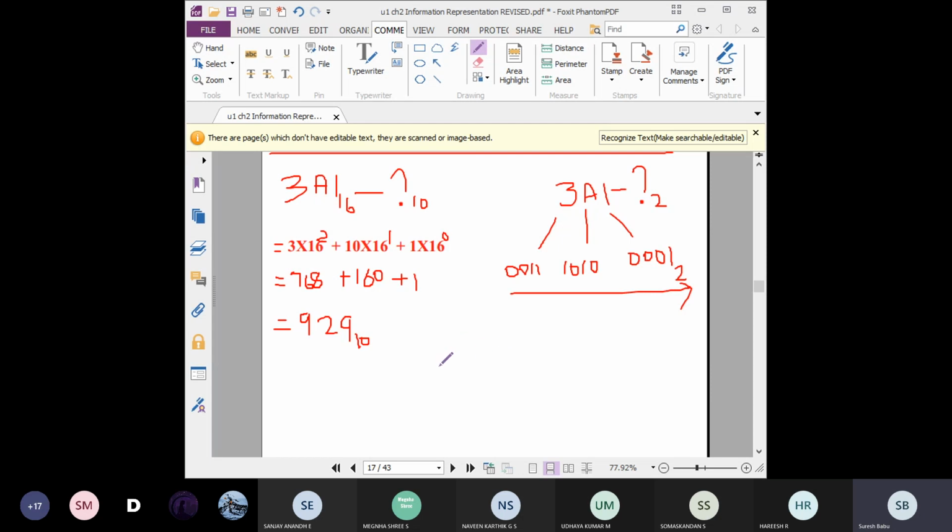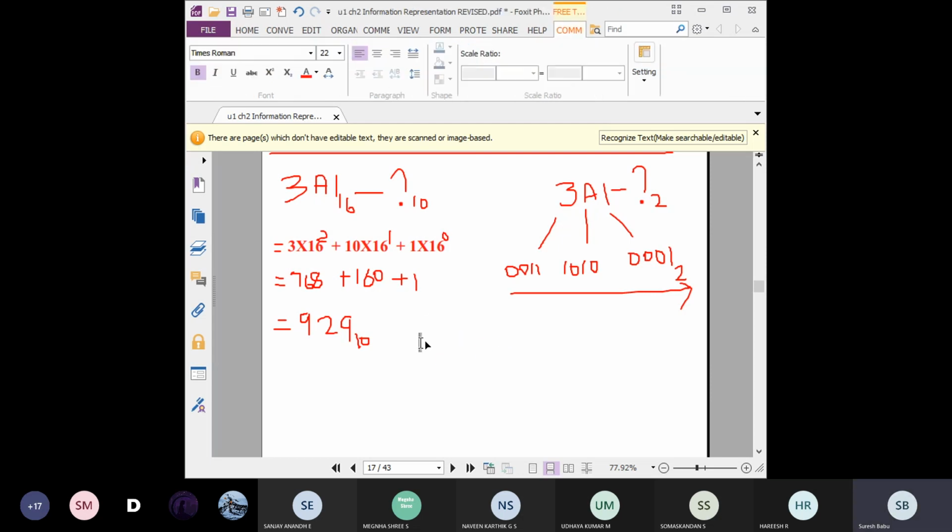The homework is octal to binary and decimal. Note it down, that is 752. This is the question. You have to calculate its binary number and decimal number.